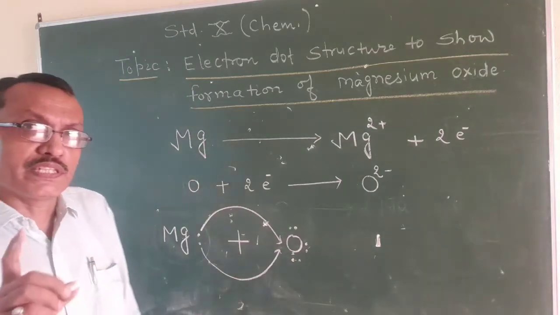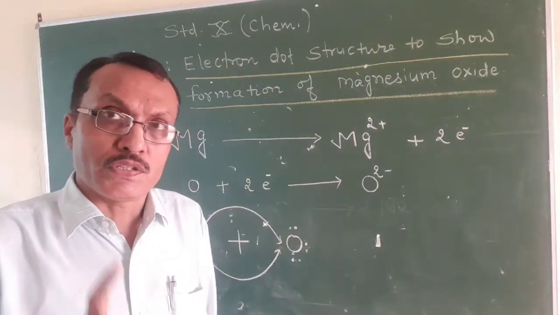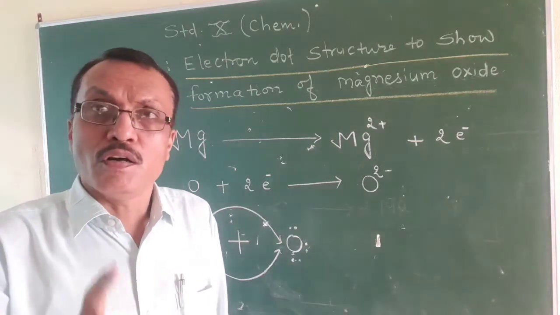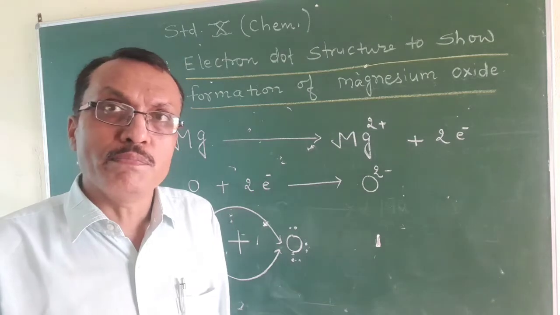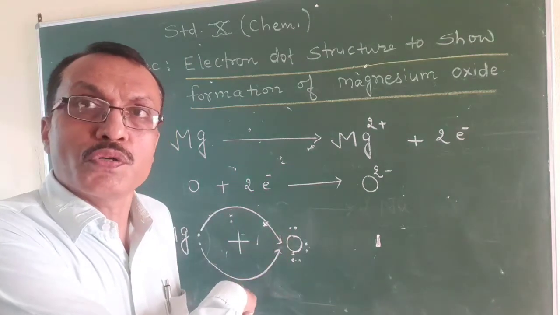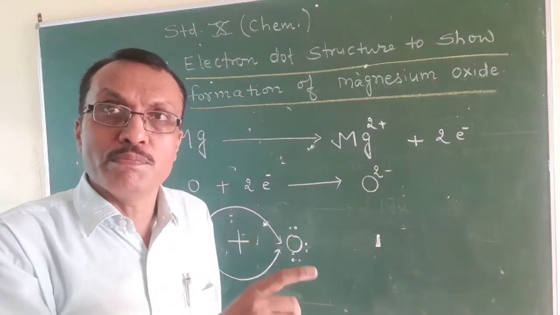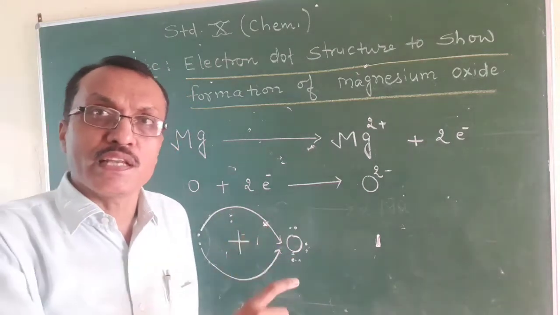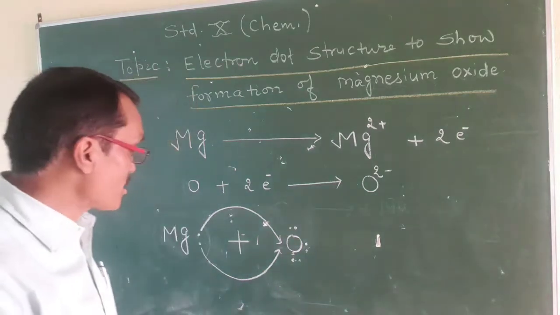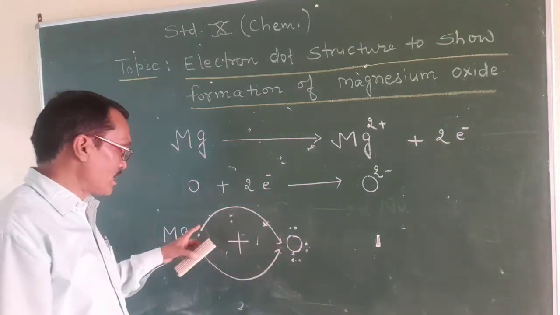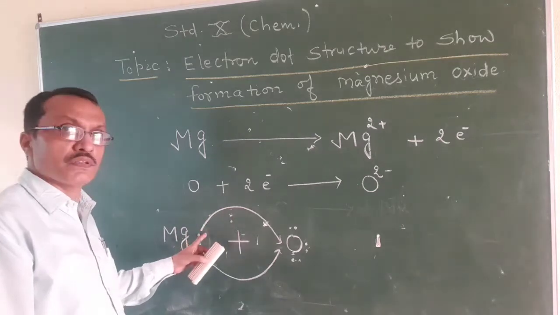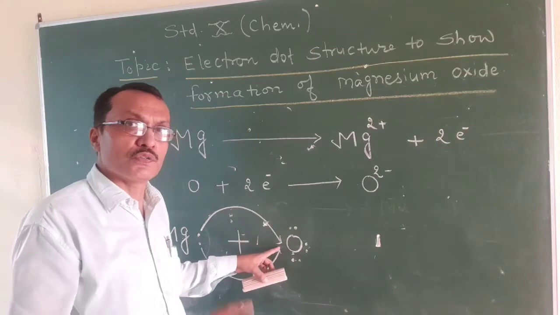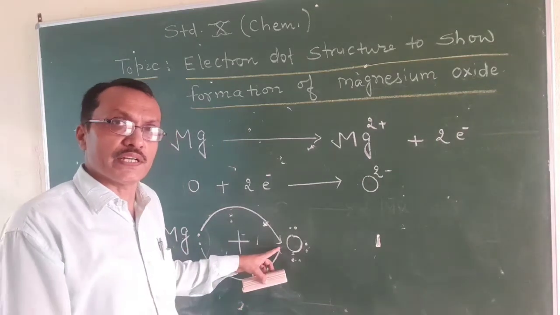The arrow you have to give from donor to acceptor, means the tail of the arrow will be at the donor and the head at the acceptor. As oxygen is accepting electrons from magnesium, you can see the tail of the arrow I have shown towards the donor atom, and the head towards the acceptor atom.